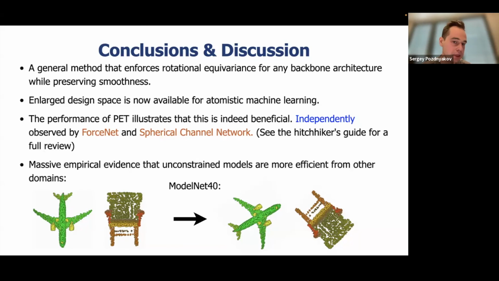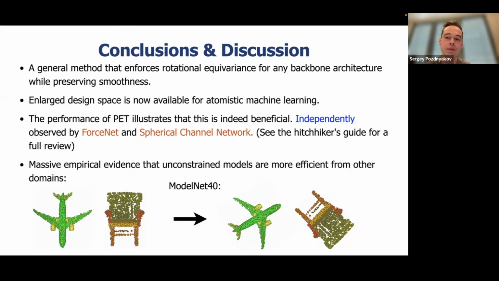The excellent performance of PET clearly illustrates that it is indeed beneficial to use these additional layers.